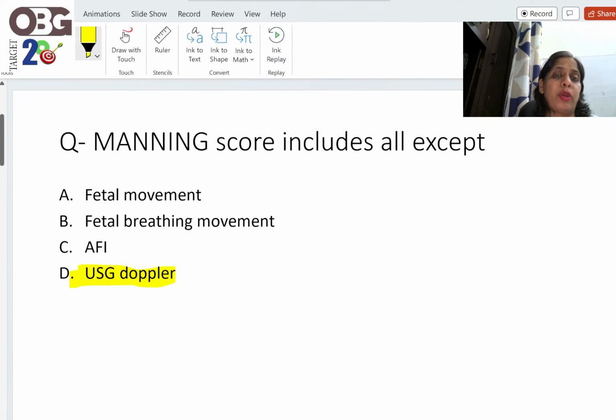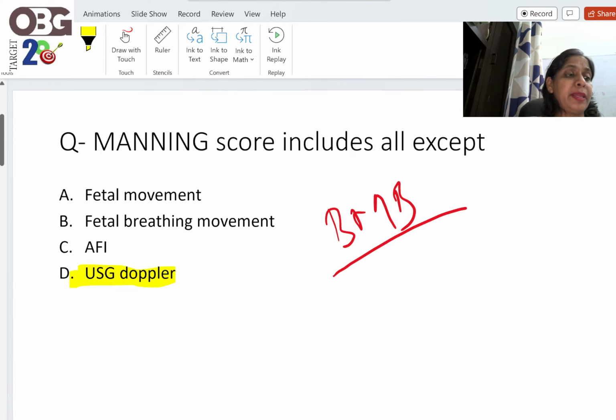So what is the mnemonic for the Manning score question? The mnemonic for the Manning score is BMB. BMB is a very popular name of Basant Mango Bar. These mango bars were our very favorite destinations in childhood.